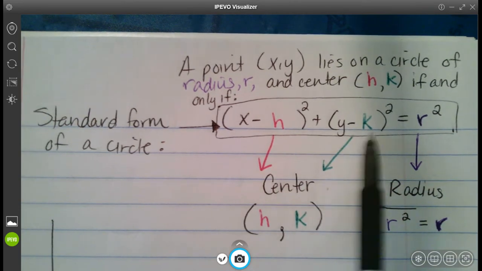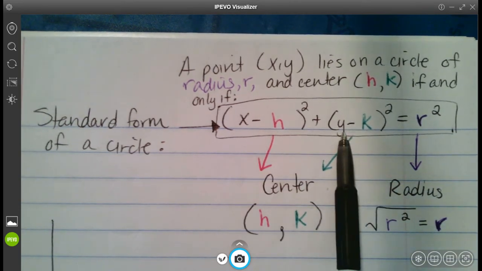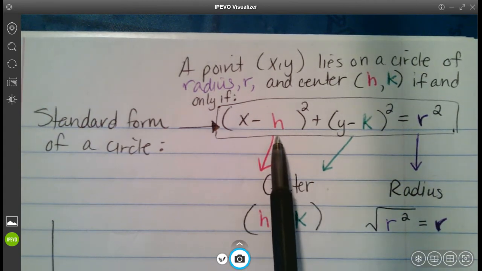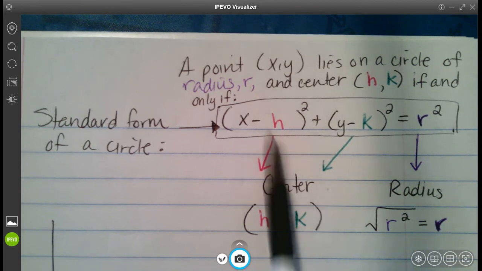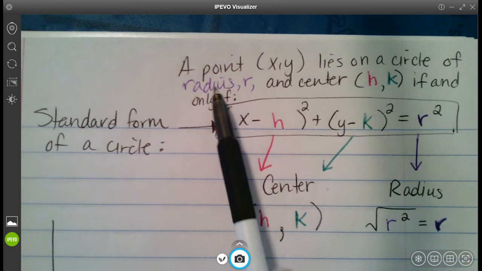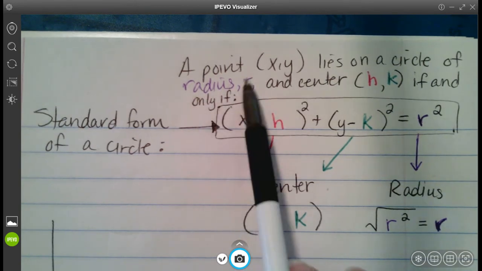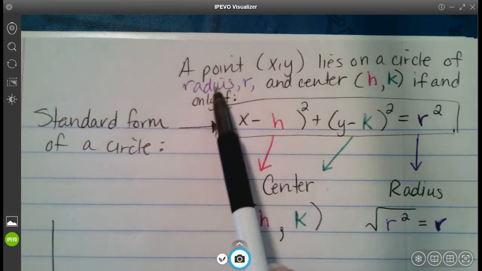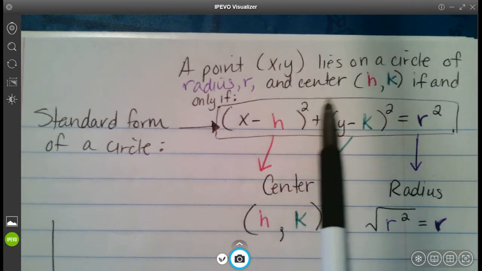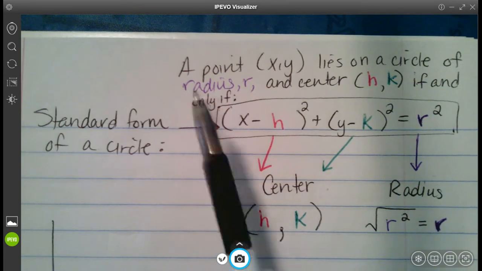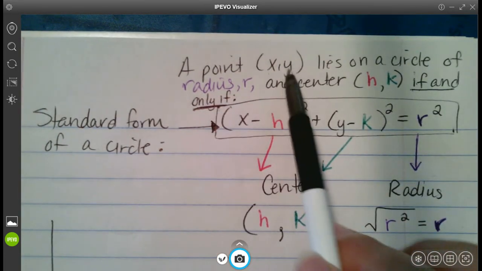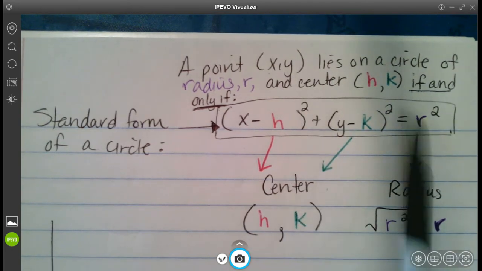This is our standard form of a circle again. All I did is rewrite it in this format because this is how most problems will look. You'll have the x and the y on the left side and the r squared on the right side. A note: a point (x, y) lies on a circle of radius r and center (h, k) if and only if, and this is important, this point is only on the circle if this is true.